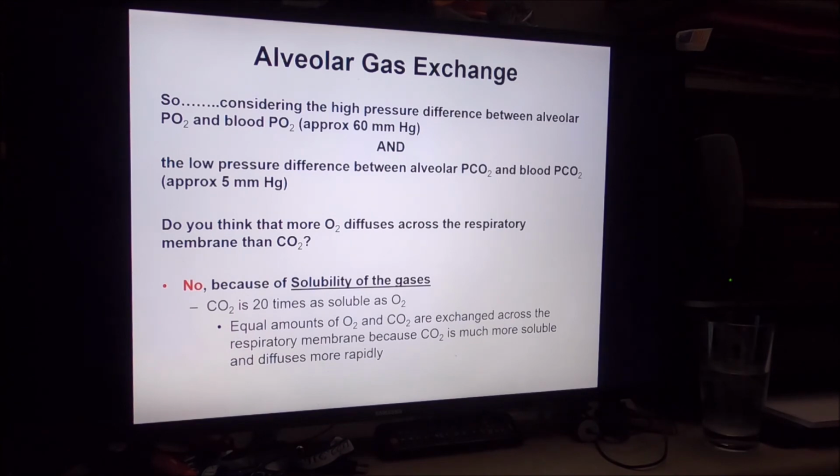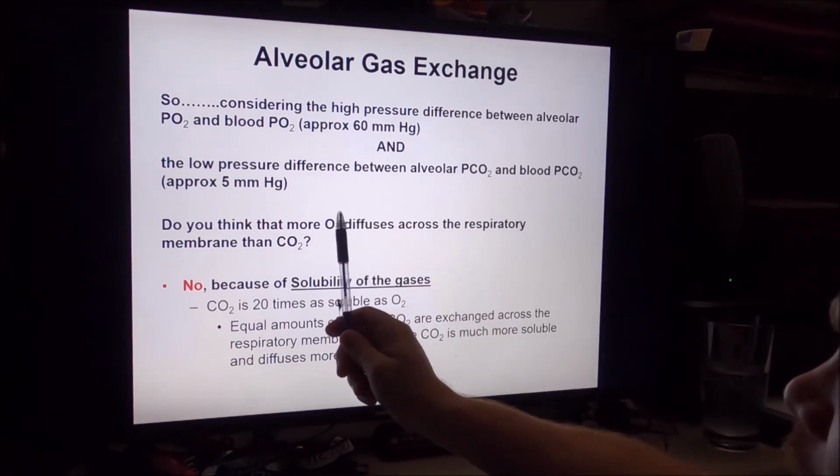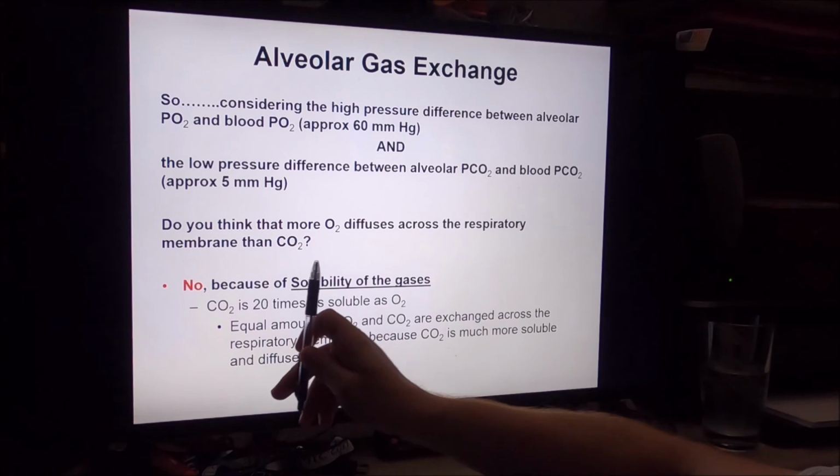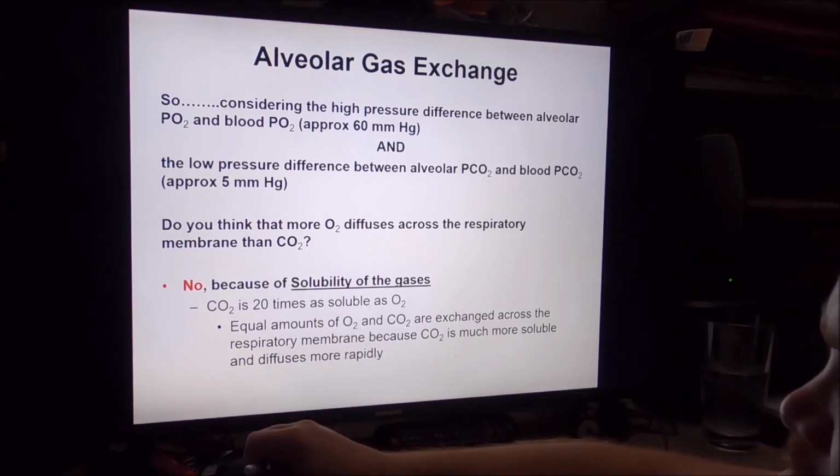And as a result of this, it could be excused to think that more oxygen moves than carbon dioxide, but in reality you have about equal parts of oxygen and carbon dioxide that exchange every time you breathe. The reason for that is because carbon dioxide is incredibly soluble in the fluids and the surfactants in your lung tissue.